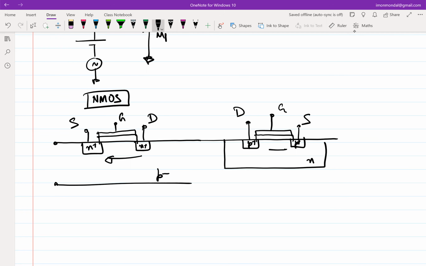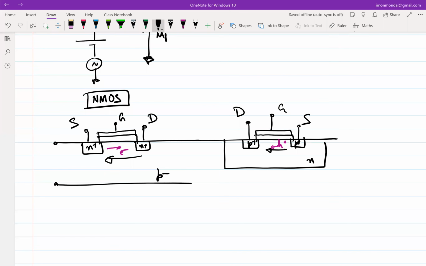So in the original case, the electrons flow and in this case, the holes flow. The direction of the carrier flow is still from source to drain, but the carriers are of opposite polarity, so the current direction changes.